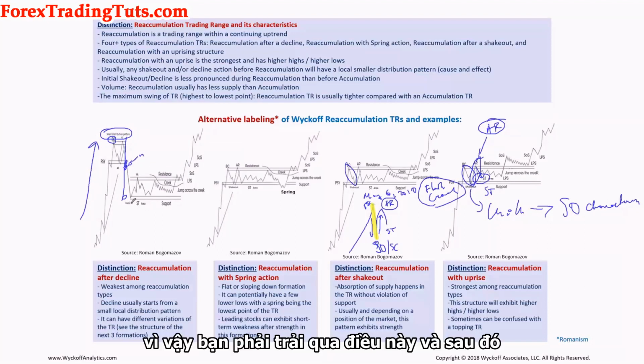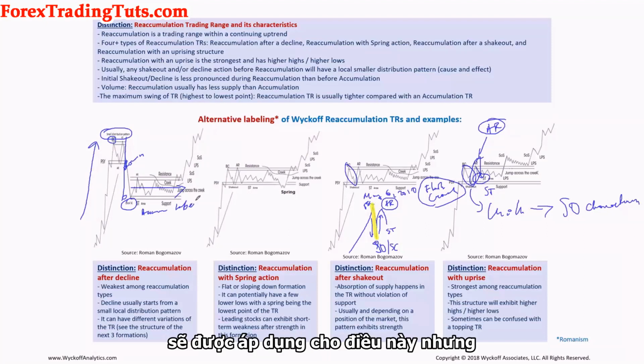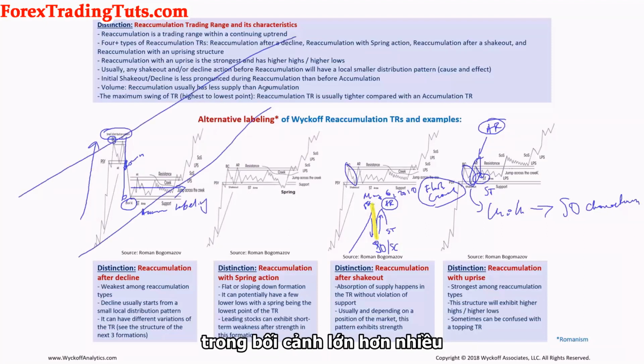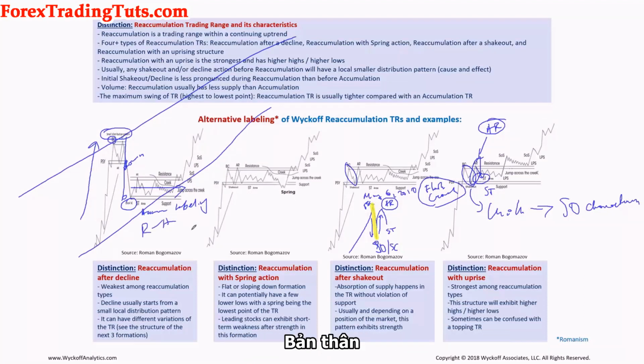So you have to go through this, and then a local selling climax, and the regular accumulation labeling is going to be applied to this. But within the context of a much larger trend, this is just a reaccumulation by itself.